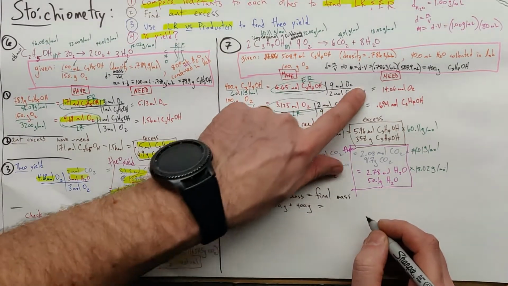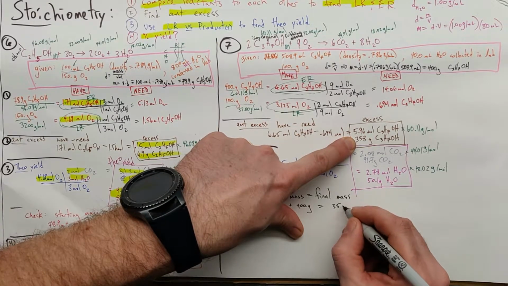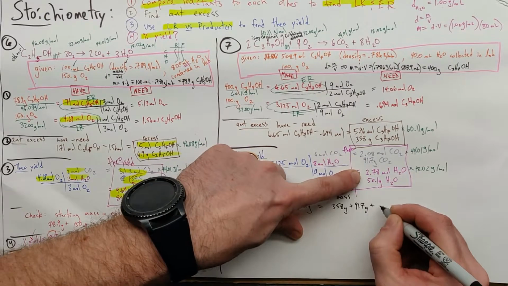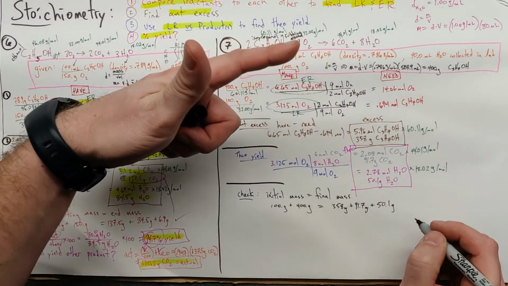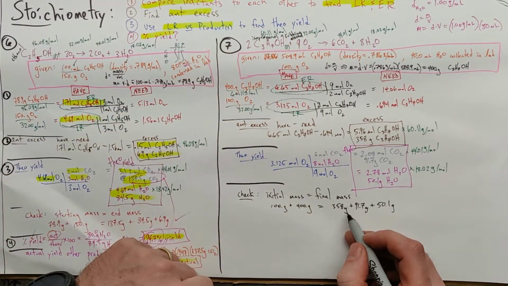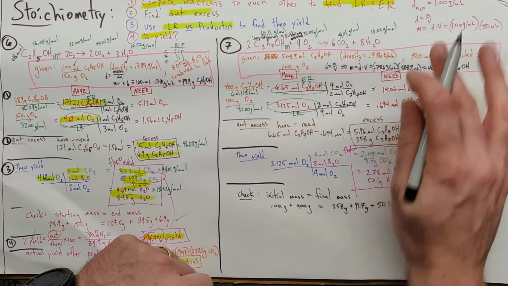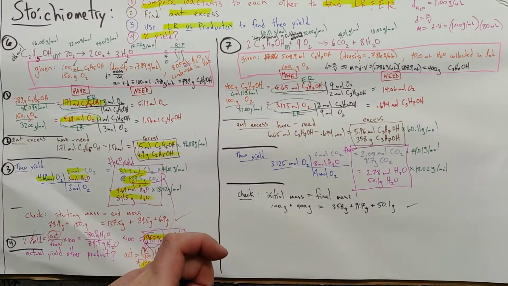And that should equal our excess, which was 358 grams plus 91.7 grams plus 50.1 grams. And we end up with, on this side, 141.8 plus 358, which gets us pretty darn close to our 500. So we will call that success.